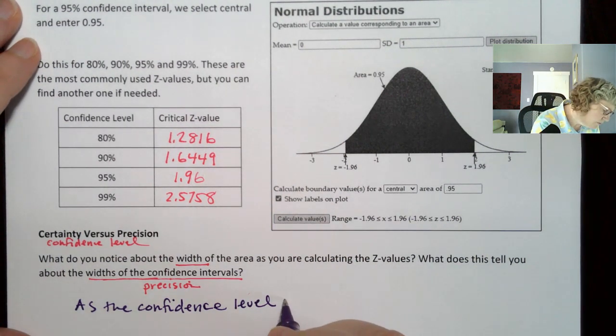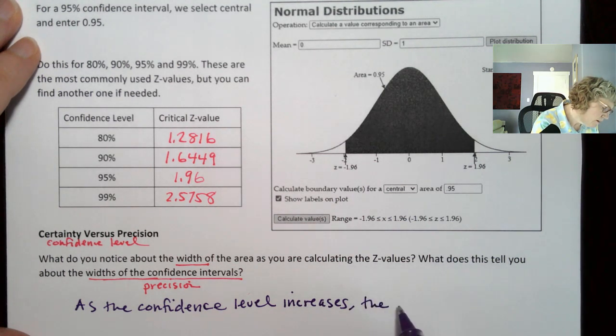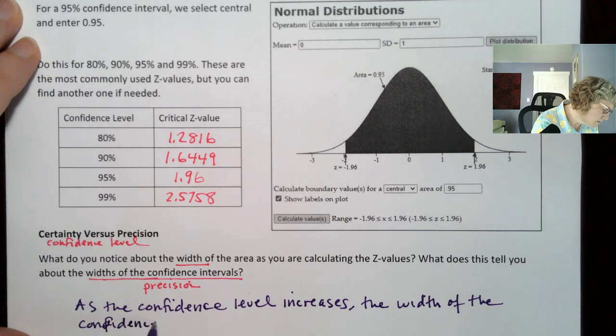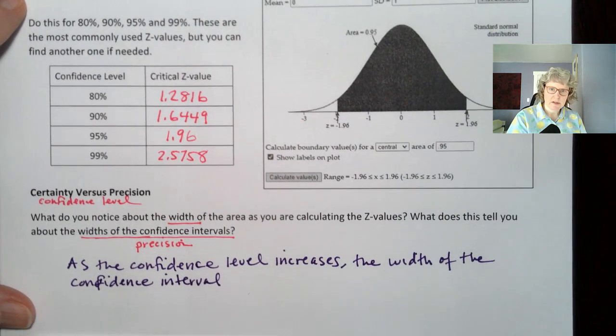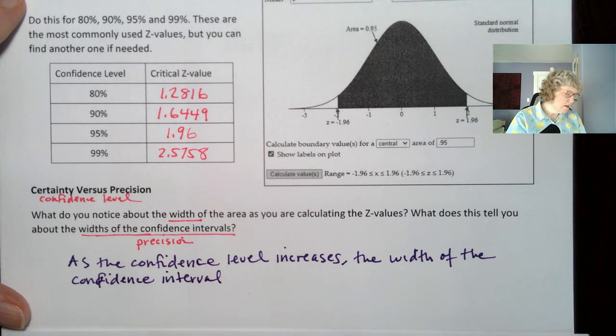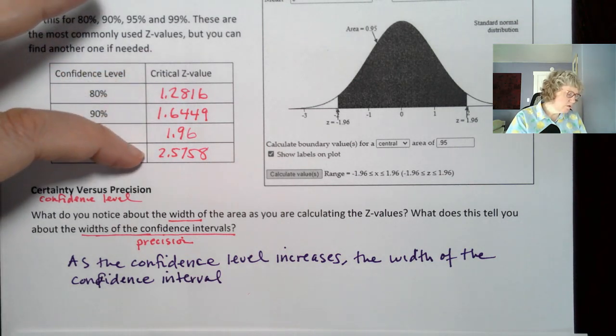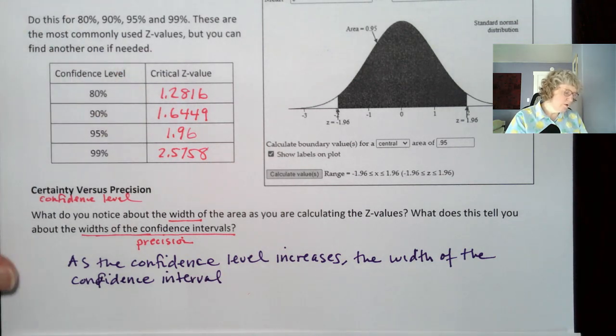As the confidence level increases, the width of the confidence interval, what does it do? As the confidence level increases, we need to go out more standard errors, so the width of our confidence interval also increases.